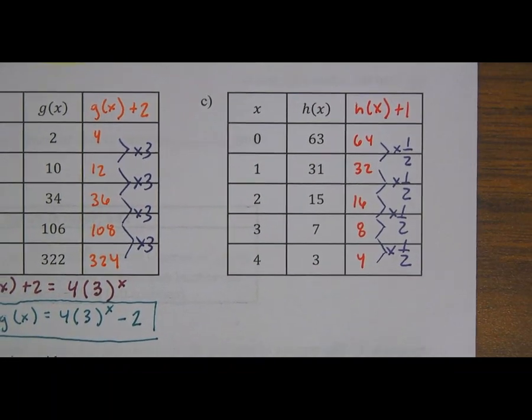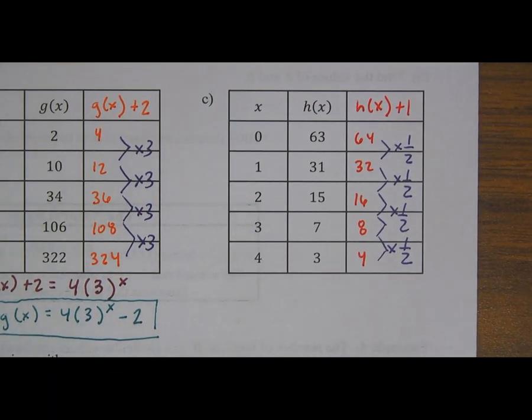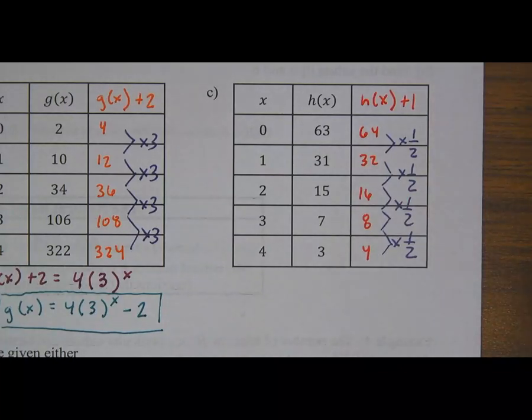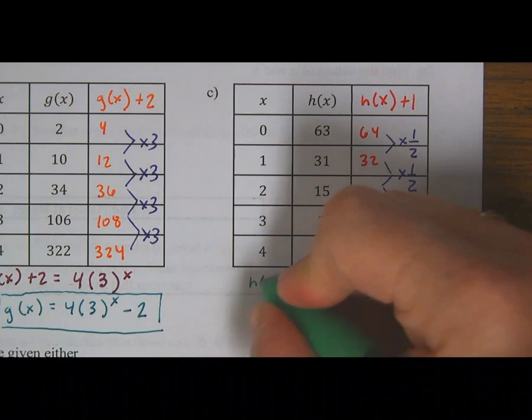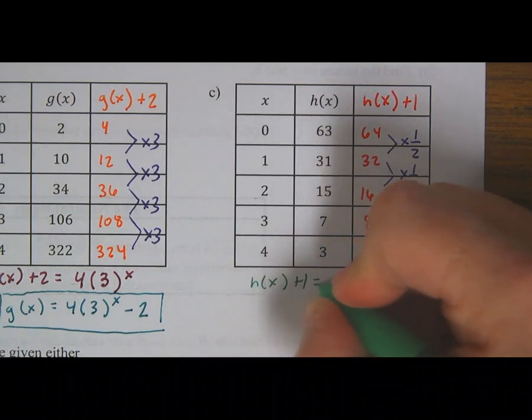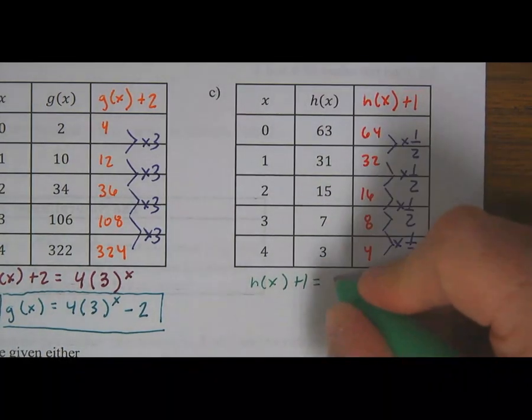Those were growths. And that's an Algebra 2 concept when your proportional pattern, your common ratio, is larger than 1. It's an exponential growth. When it's between 0 and 1, it's an exponential decay. We touched on that before Thanksgiving break. Alright, so I'm going to take what I know, that h of x plus 1, the starting value is 64.